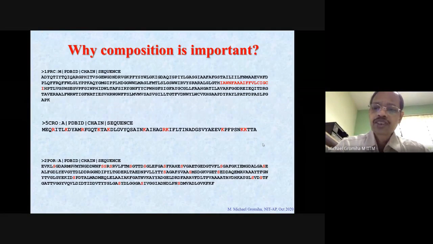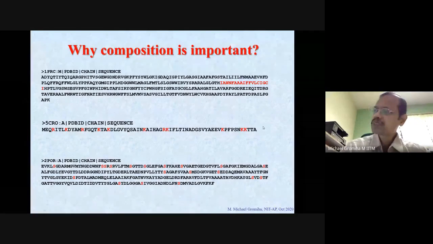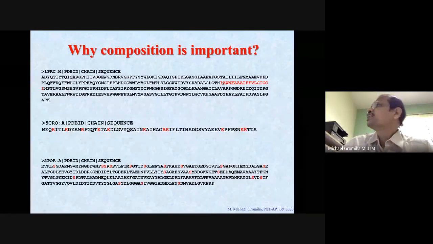You can see some specific characteristics. For example, if you see this region, what is the characteristic of residues in this region?